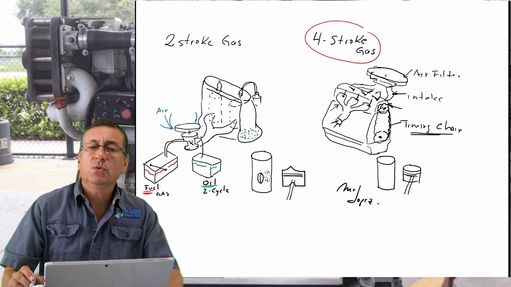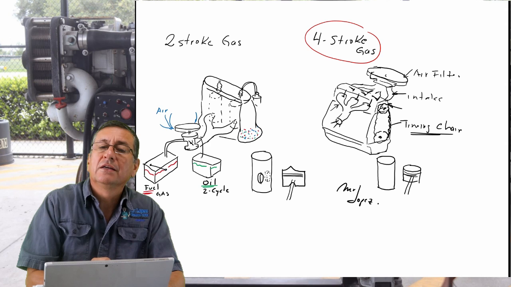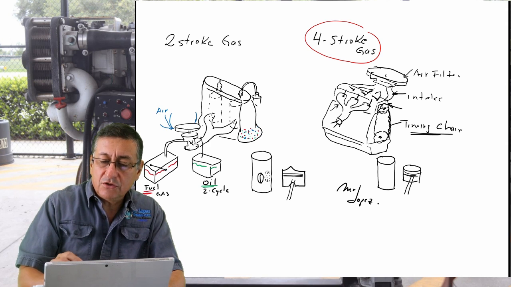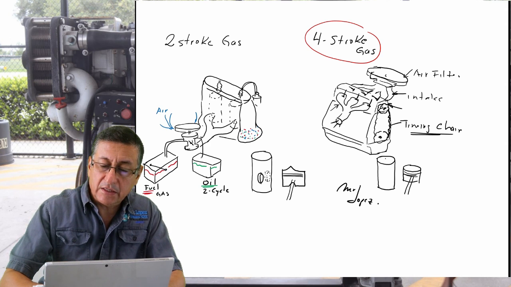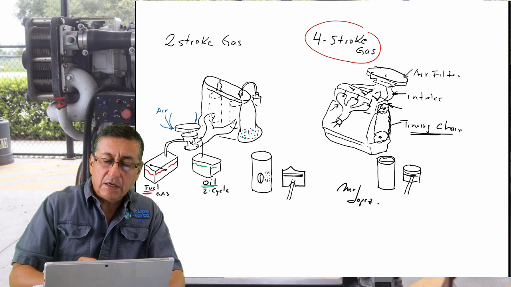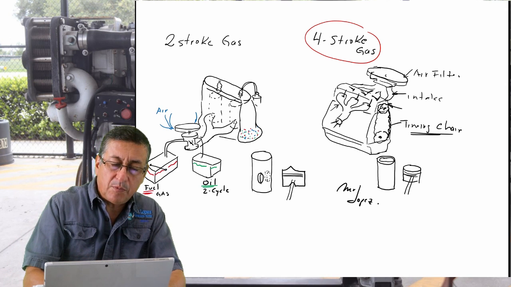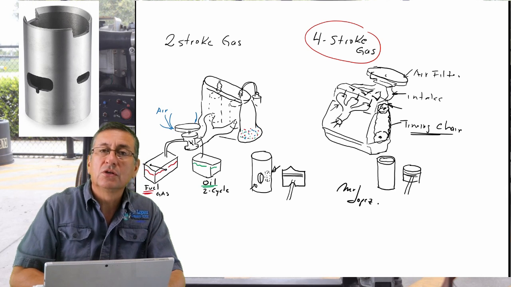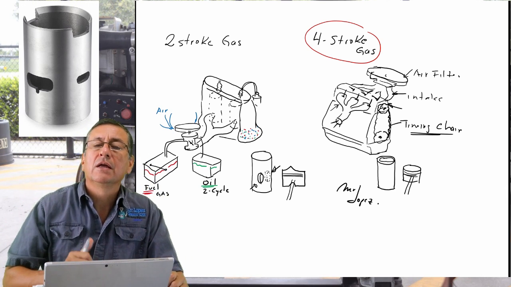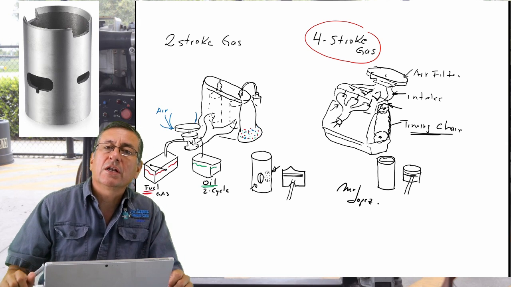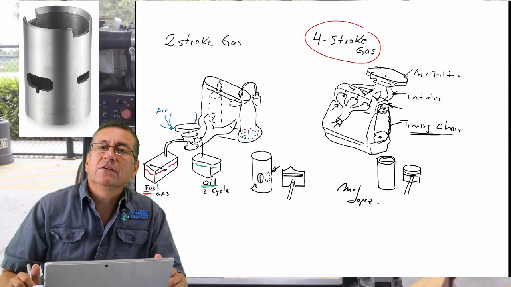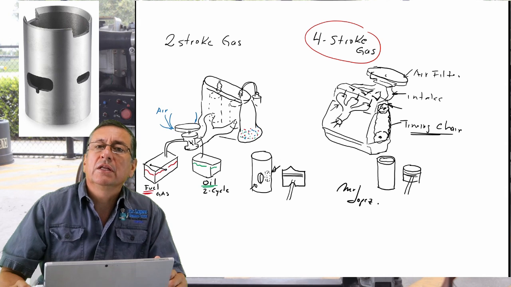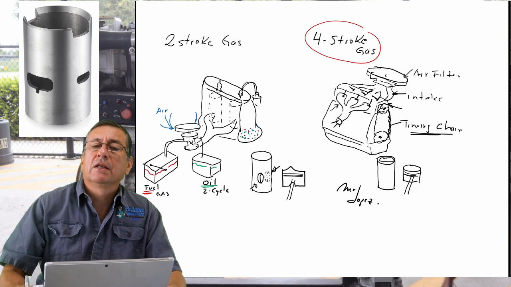For example, in 2 strokes, the cylinder is not a plain cylindrical element like this. The cylinder has a couple of holes, one in each side, 2 holes, one in front of the other one, like the picture that you have on the screen right now. In the bottom of the cylinder, there are 2 holes, one practically in front of the other one.